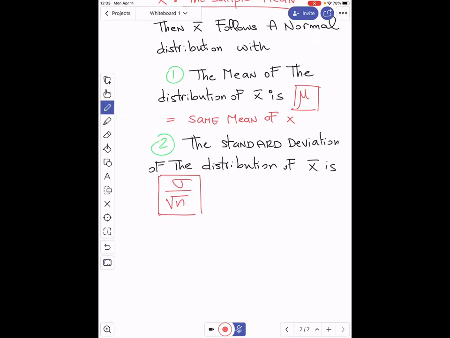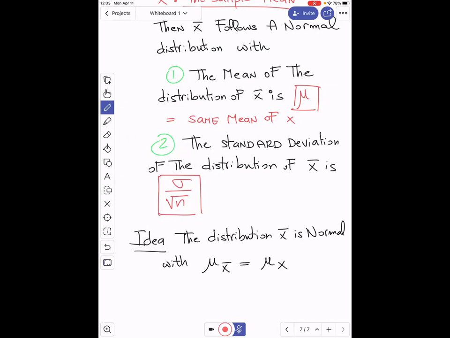The idea is that the distribution of X bar, the sample mean, is normal, where the mean mu of X bar is the same as the mu of X, and the standard deviation of X bar is the sigma, the standard deviation of X, over square root of n.